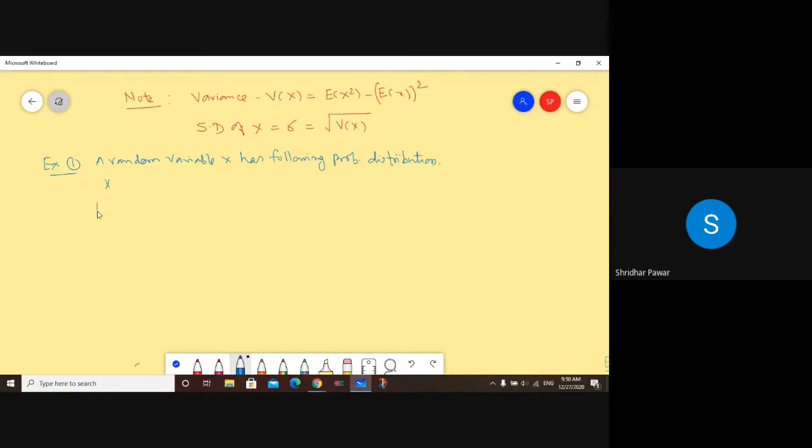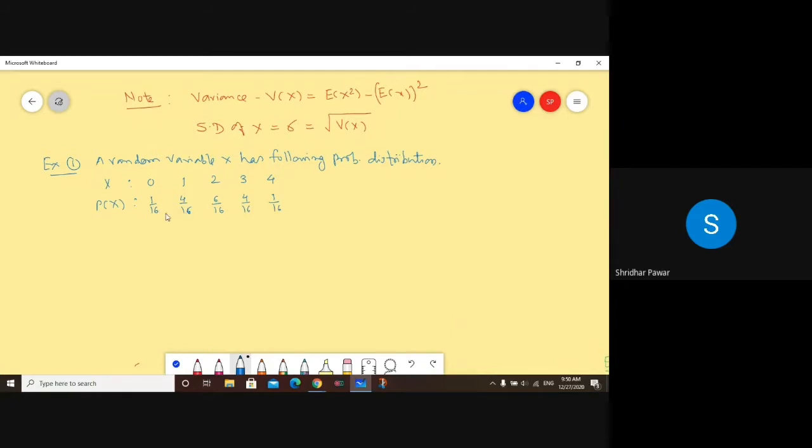So x and p of x: value 0, probability 1 by 16, then value of x is 1, 2, 3 and 4. The probabilities are 4 by 16, then 6 by 16, 4 by 16 and 1 by 16.